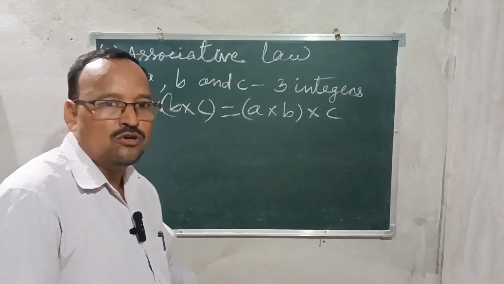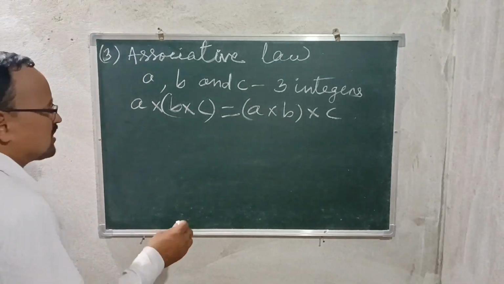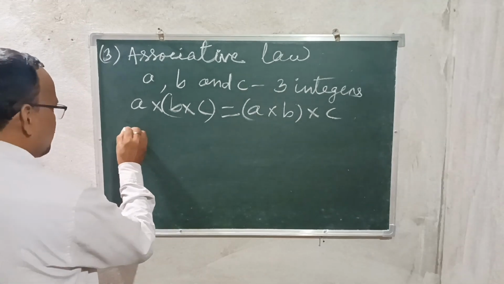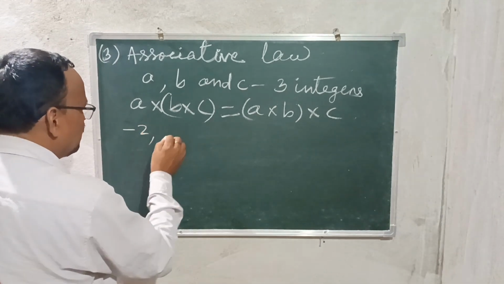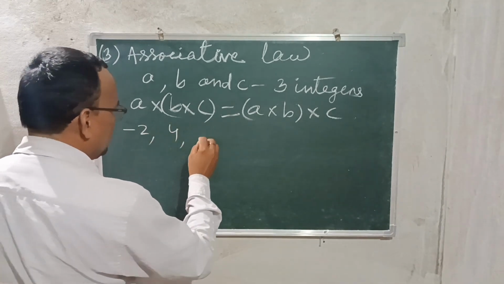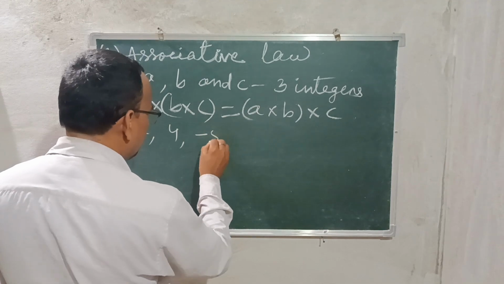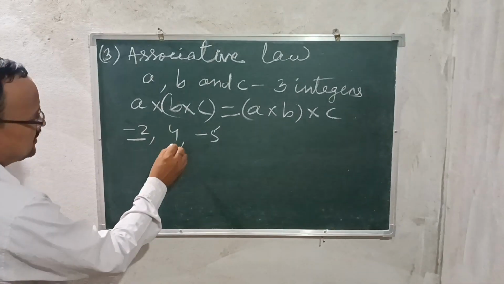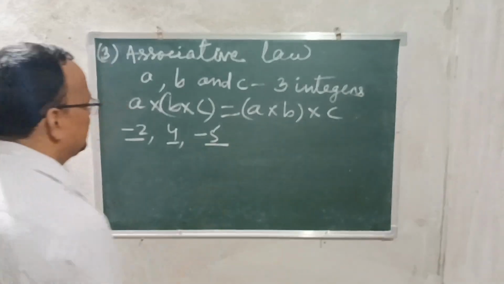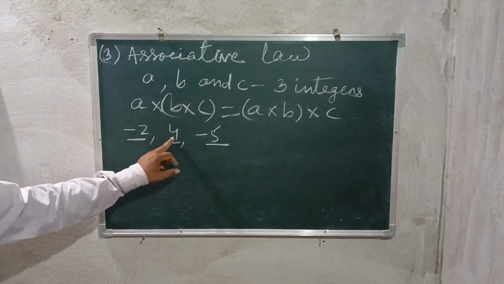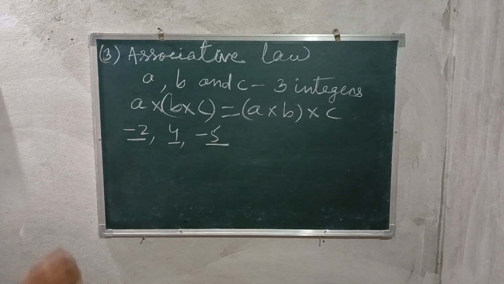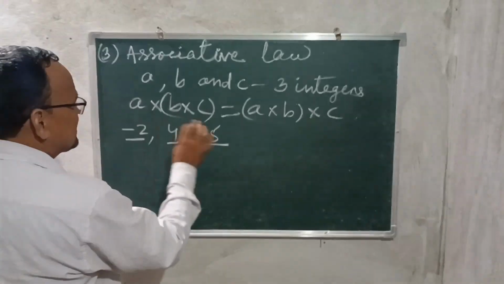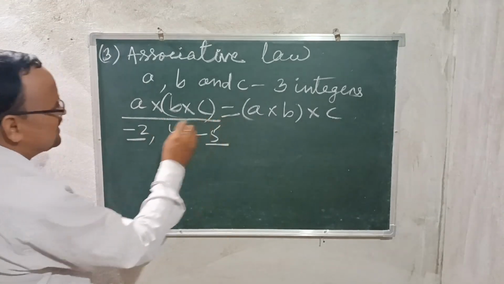Let us take examples. Suppose three integers: -2, 4, and -5. This is A, this is B, and this is C. Now, left hand side, this is A into B into C. This is given.